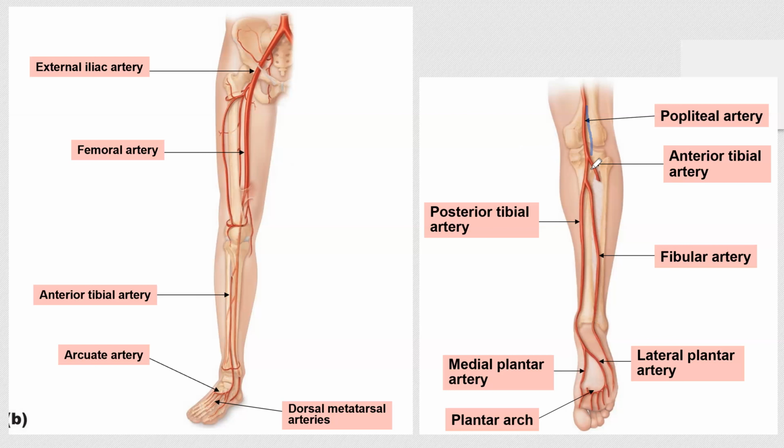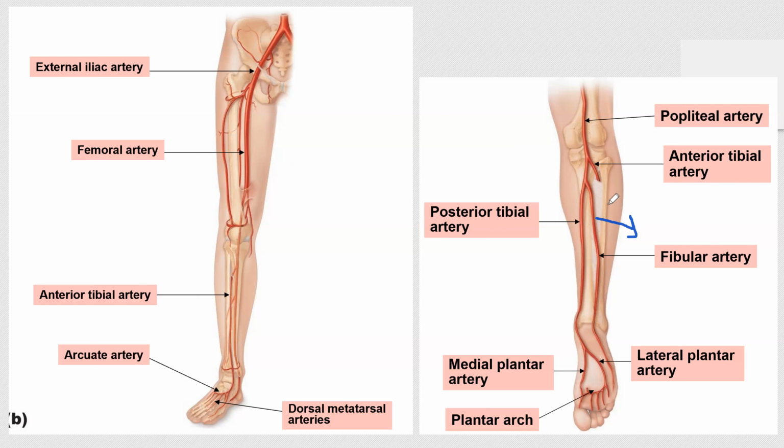Now the popliteal artery will give some smaller blood vessels that carry blood to the leg. The first branch over here is the anterior tibial artery. So it goes back to the front. So it's right here. That's anterior tibial artery. Another branch will be fibular artery, going to the lateral side.